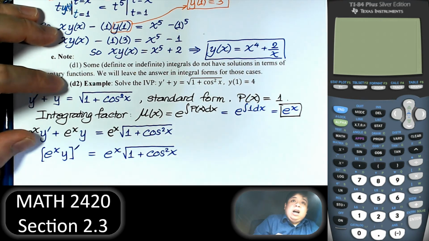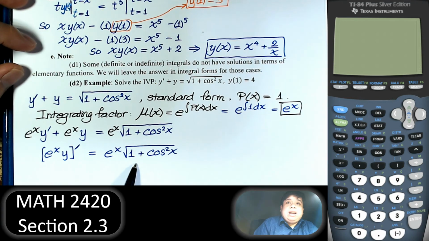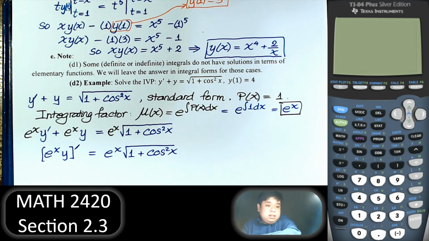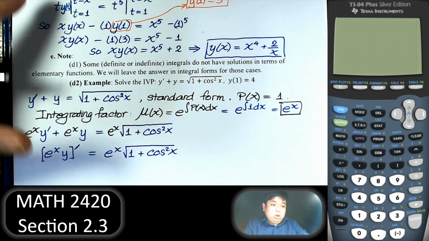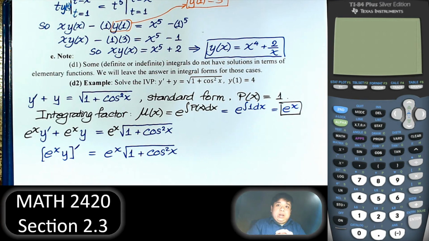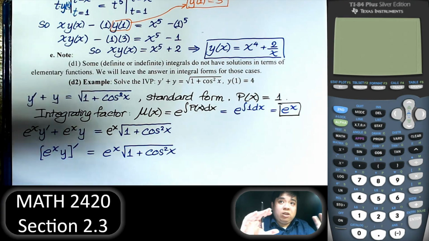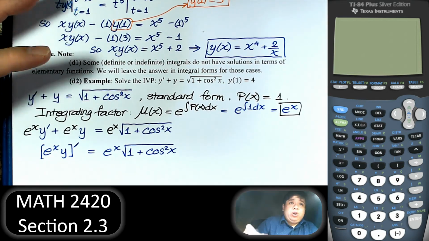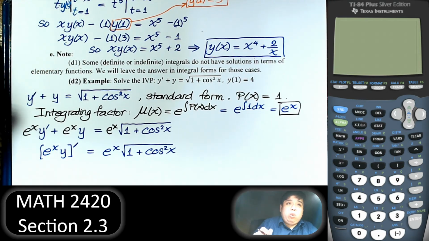Right, this doesn't look like something that I can integrate. So in that case, I'm going to use what we did earlier. I'm going to integrate both sides definitely, with the limits based on the initial condition. So before I do that, I have to replace everything with t.